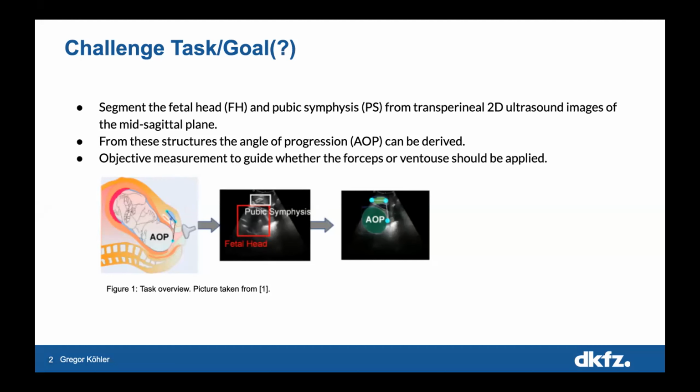And from these, the goal is then to estimate the angle of progression. This measurement can guide whether or not forceps or ventouse should be applied during birth. So this is quite a nice task, I would say.